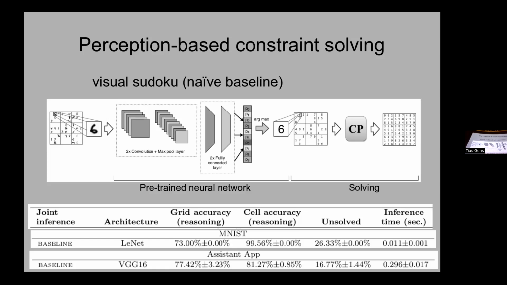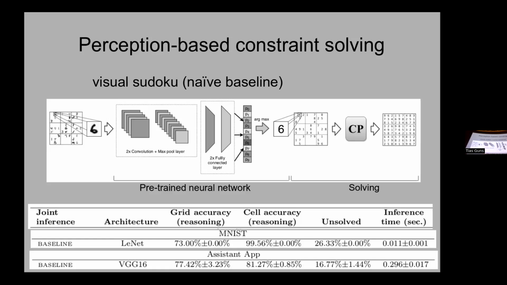But if you look at the amount of grids that it can solve, so the amount of actual Sudokus, it's only about 73%. So that 0.5%, and remember there's 81 predictions per grid, is actually quite hurtful. And in many cases, it's because the solver cannot even find a solution. There is some conflict in just, for example, 2 of the predictions. That means that no solution is found.